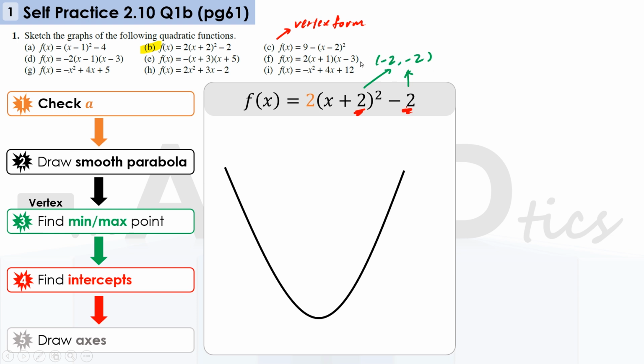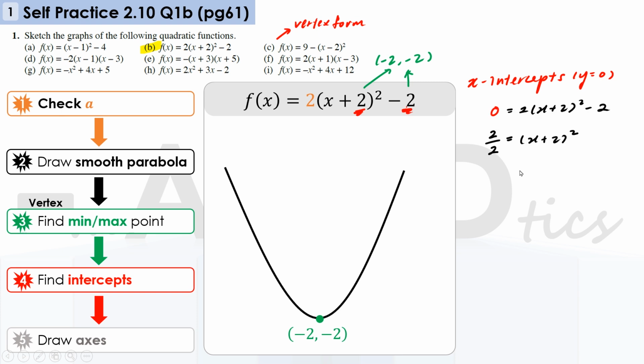Okay, so once we have this minimum point, we can just put it here. The next step is to find our intercepts. For the x-intercept, we just substitute y equals 0, or f of x equals 0. Now we just need to find the value of x. I did a little bit of manipulation here and there, and then we will have two possibilities.